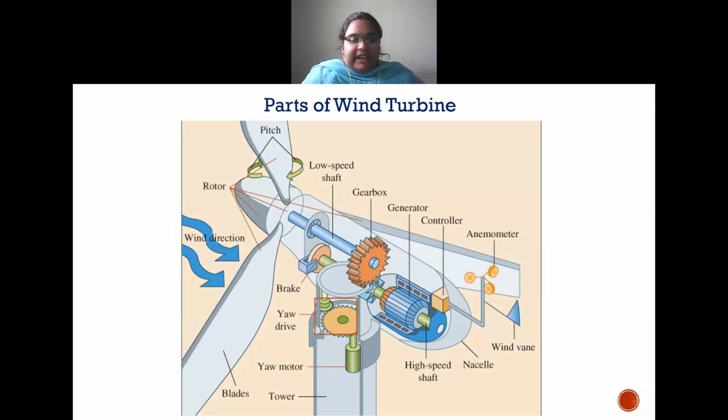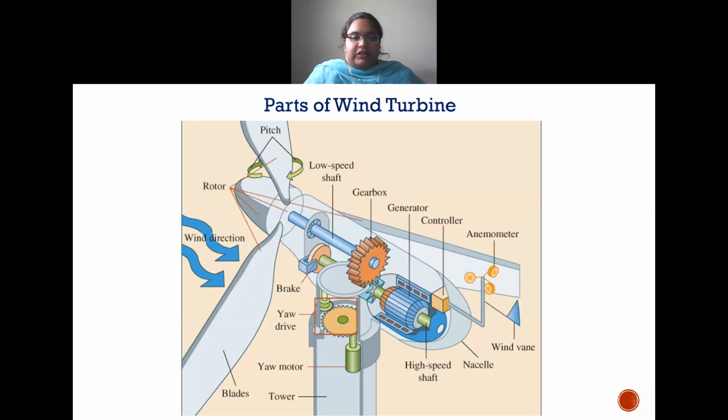Then we have the brake. Brake is nothing but when we want to stop the wind turbine. We know that we have to stop the wind turbine at very high wind speeds, right? When we are encountering furling speed or cut off speed, then we need to stop the total mechanism.